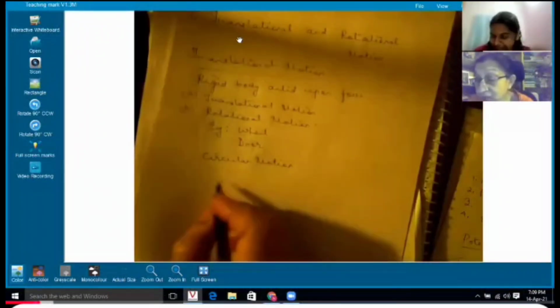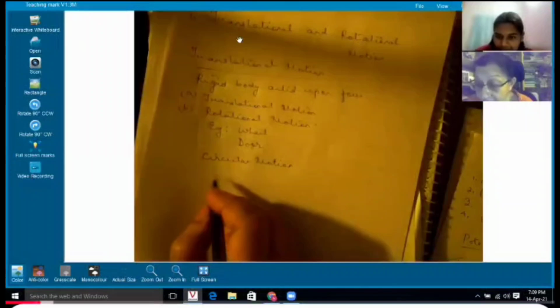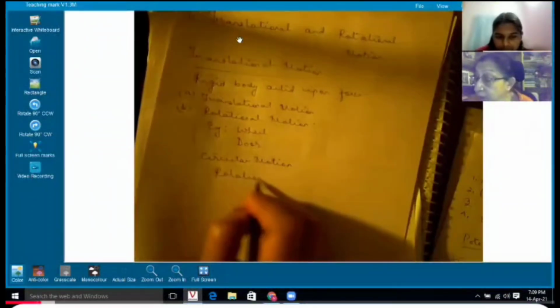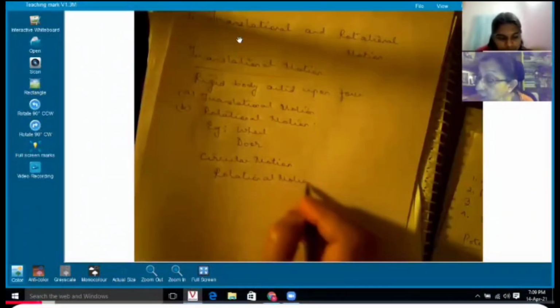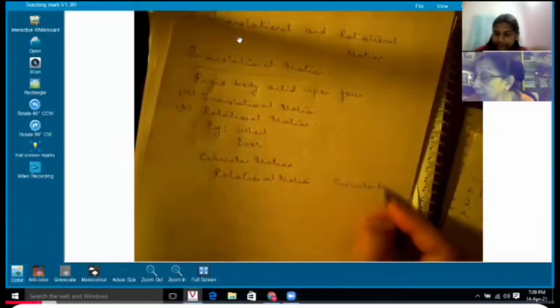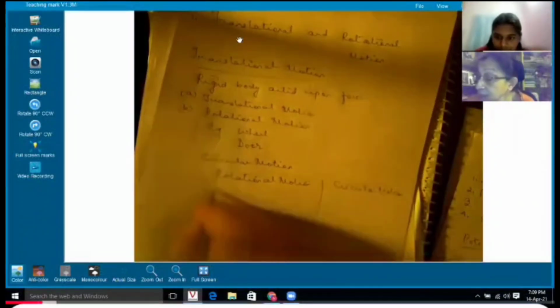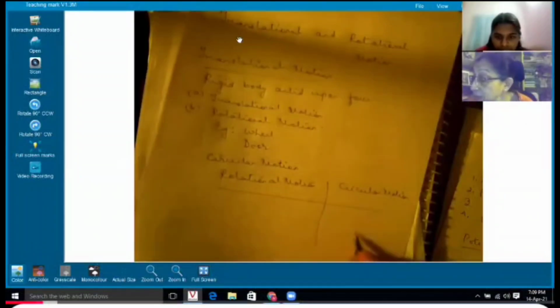So if I compare rotational motion with circular motion, if I draw the diagram you will understand immediately that circular motion is like the motion of the earth around the sun, correct? The entire body of the earth is exhibiting a circular motion. Got it? Yes, ma'am.